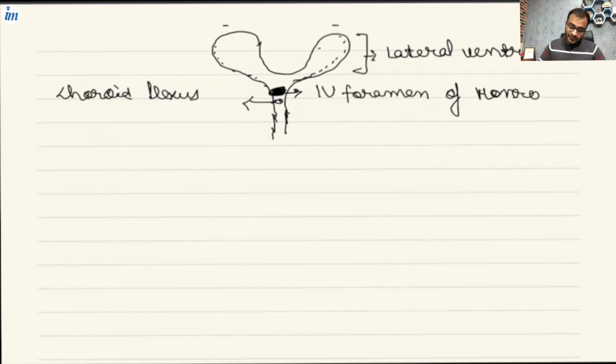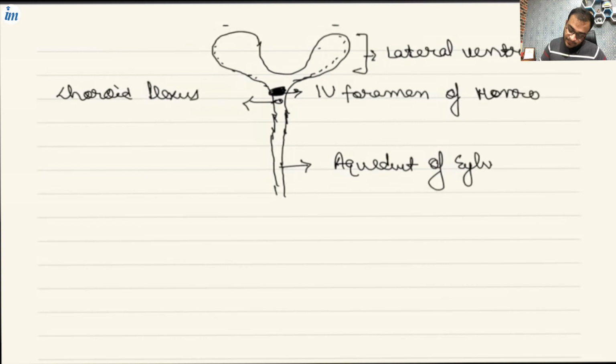Then we need to know how the CSF flows from the lateral ventricles. It goes through the intraventricular foramen of Monro. From the foramen of Monro, the CSF goes down to the aqueduct of Sylvius, and from this aqueduct of Sylvius it goes to the fourth ventricle.